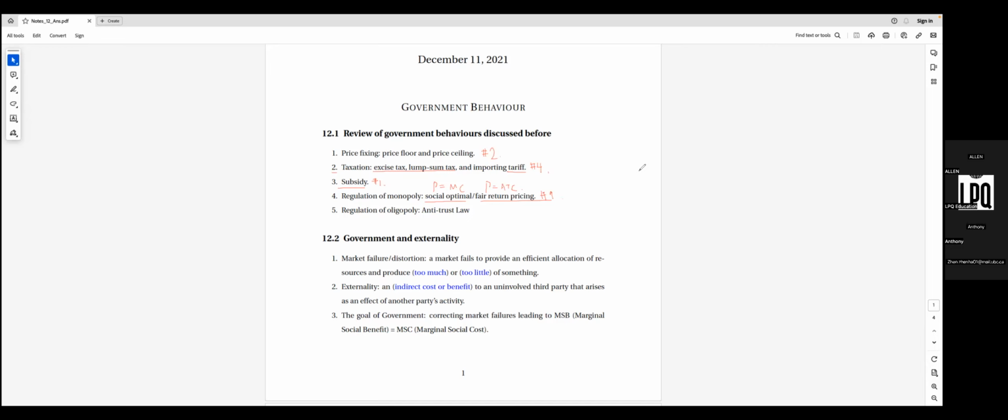Also in notes number 10, when we learned the oligopoly market, the game theory section, we also learned something called antitrust law. Based on antitrust law, collusion is illegal.